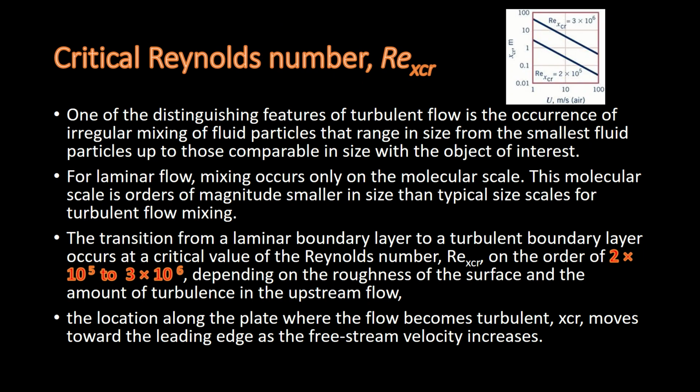This is the critical Reynolds number, Re x critical, Re_x,cr. One of the distinguishing features of turbulent flow is the occurrence of irregular mixing of fluid particles that ranges in size from the smallest fluid particle up to those comparable in size with the object of interest.